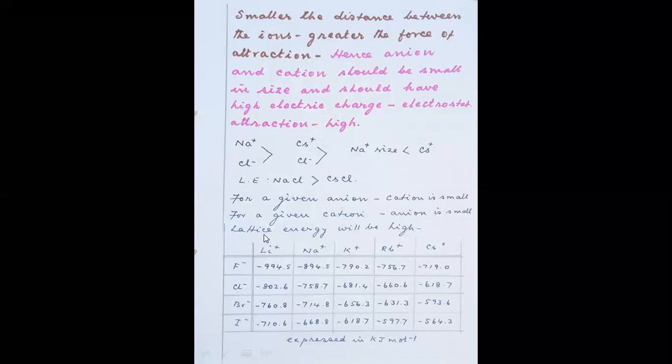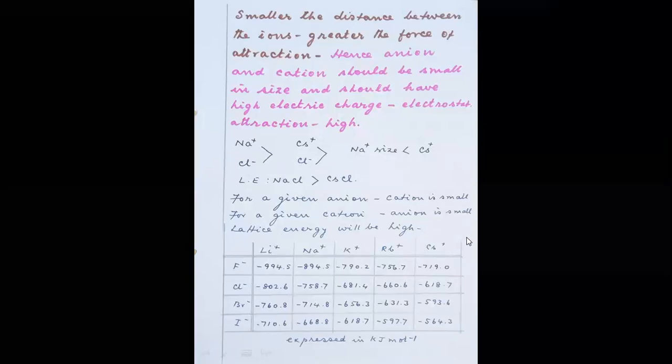So when the ions are smaller, the electrostatic attraction is higher. When the ions are bigger, the electrostatic attraction is smaller. It is because of the distance between the ions. The electrostatic attraction between the ions manifests in the form of lattice energy. So lattice energy will be high for smaller ions and less for bigger ions.